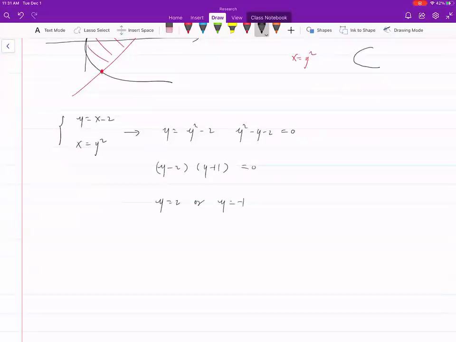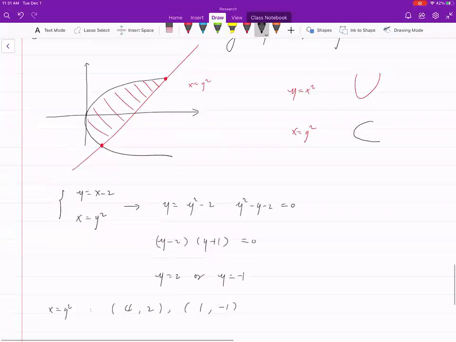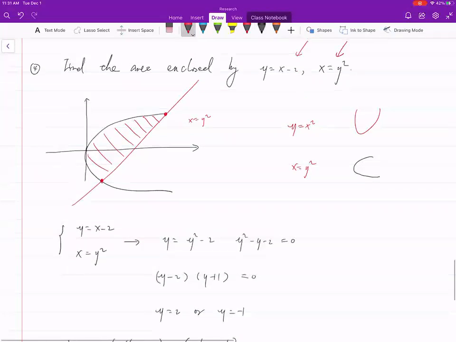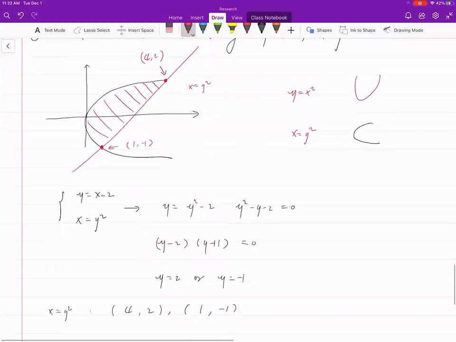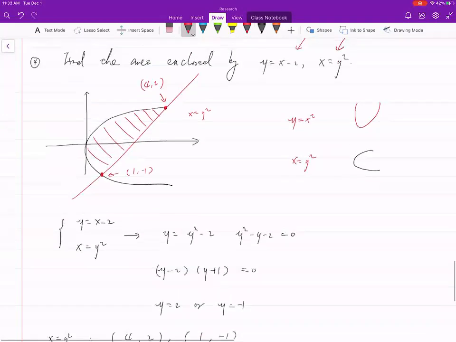Now because X equals Y squared, that implies if Y is 2, X should be 4. And if Y is -1, X should be 1. So this is 4, 2. This is 1, -1. Sounds good? Okay, we have the 2 points.